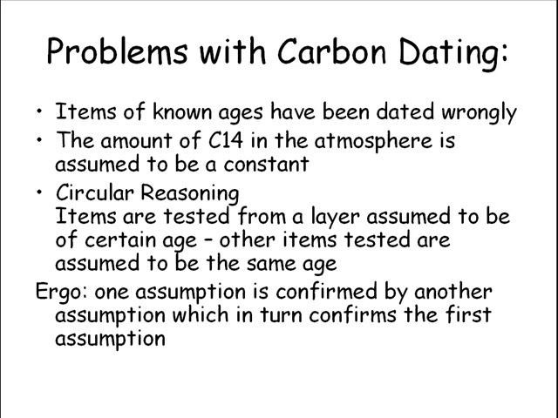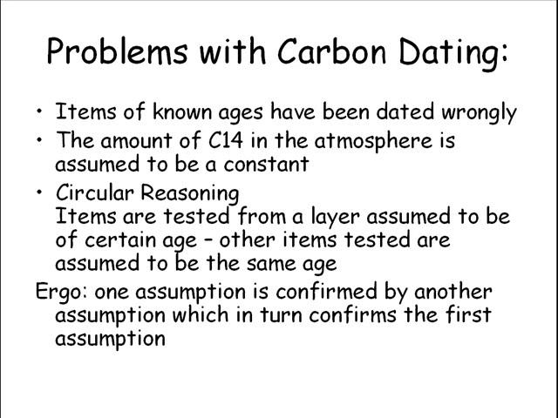It's a bit like a science which is very hard to verify, especially when you look at the number of items where the date was known and they've been dated wrongly and given several thousand years.